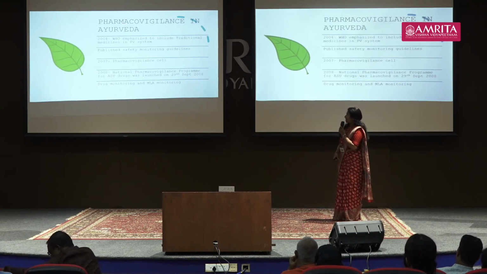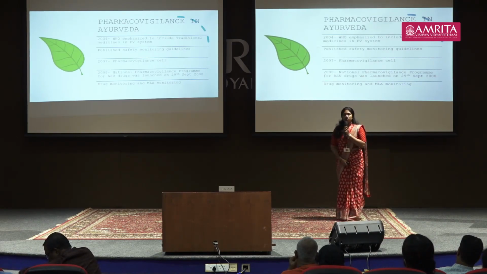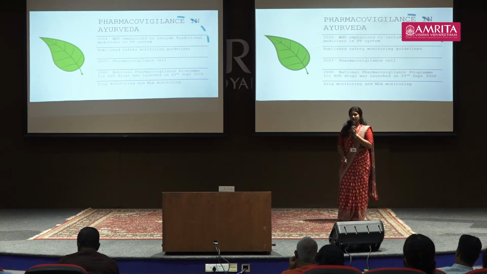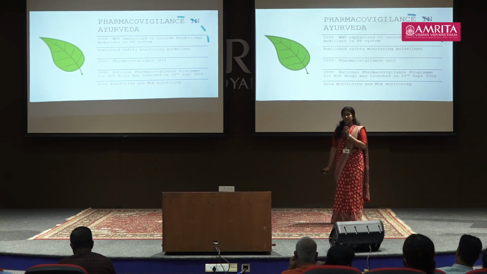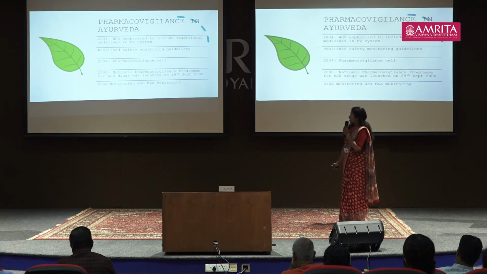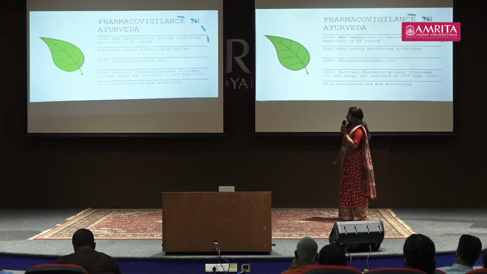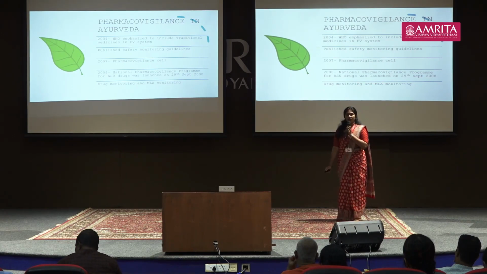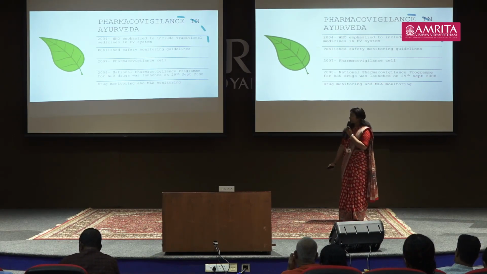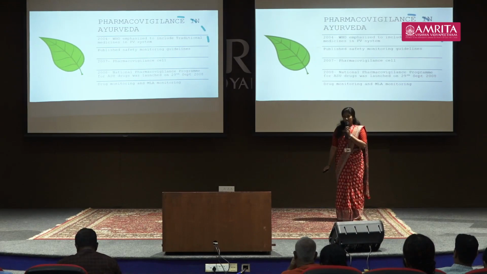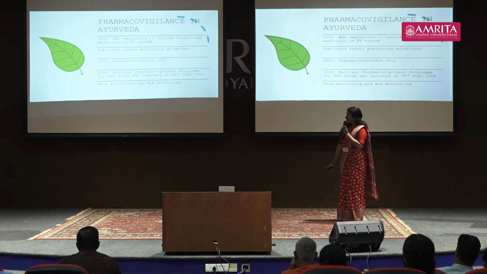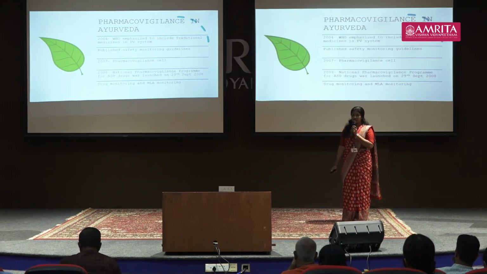Now let's see pharmacovigilance in Ayurveda. In 2004, WHO emphasized the need of pharmacovigilance in traditional medicine as well. As a result of this, the WHO has published a safety monitoring guideline for herbal medicines. And in 2007, in ITRA, Jamnagar, they have established a pharmacovigilance cell.